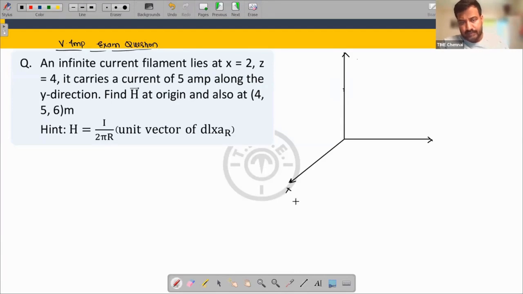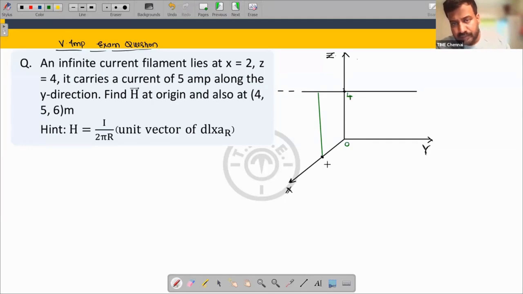This is x, this is y, right-handed system, and this is z. Now you have it at x is 2 and z is 4. So you have an infinite line at x is 2 and z is 4.